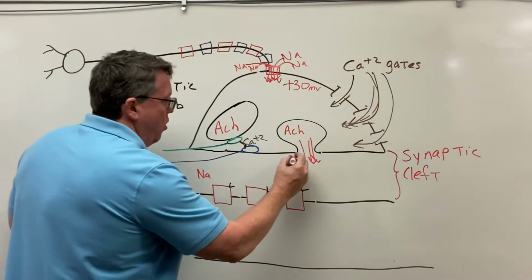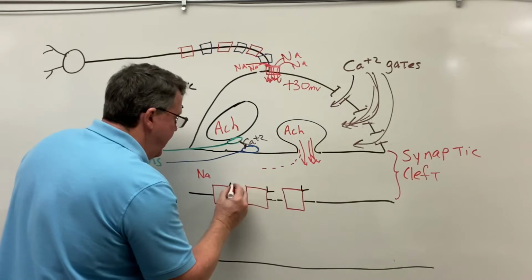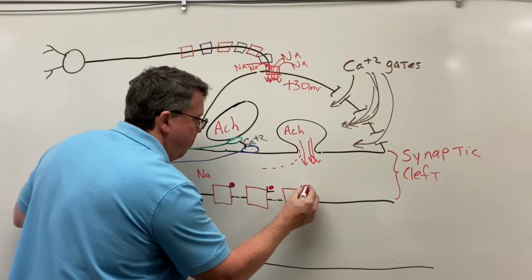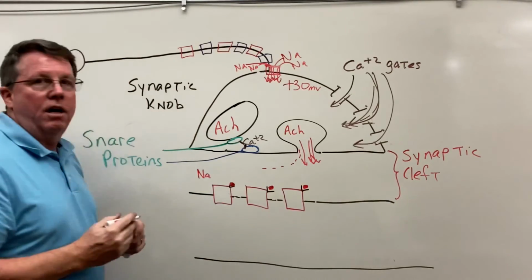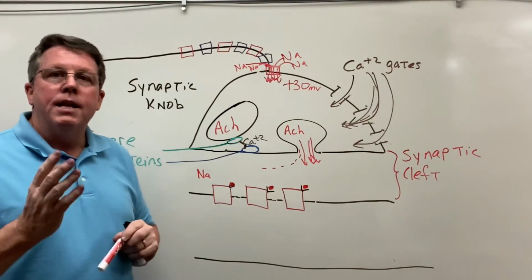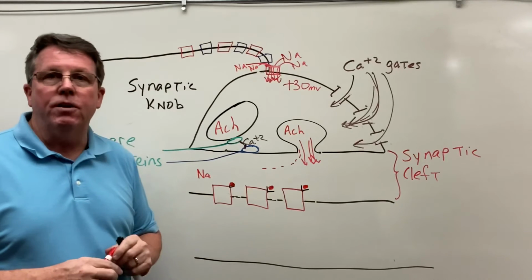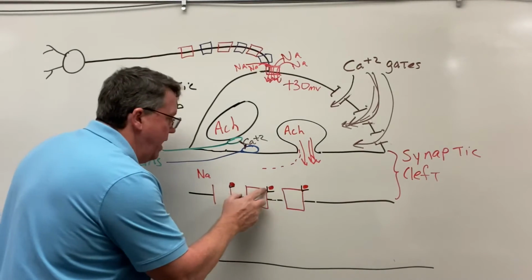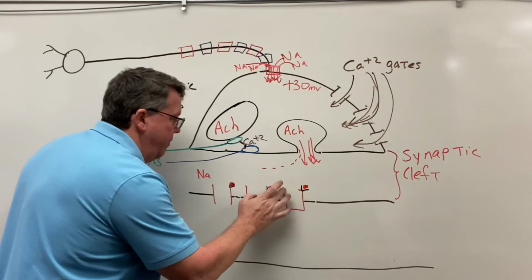Here comes the acetylcholine. It's going to come out and it's going to bond onto these receptors. Now, when it bonds onto those receptors, what will happen is these gates open, but I don't have sodium and potassium rushing in.